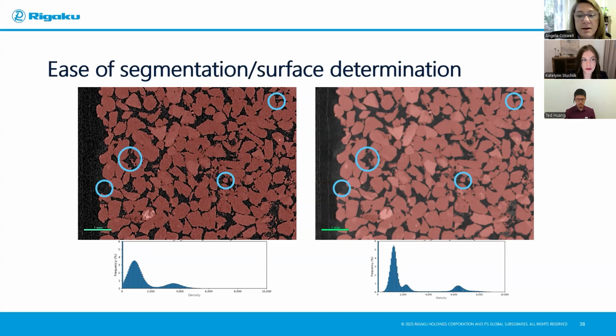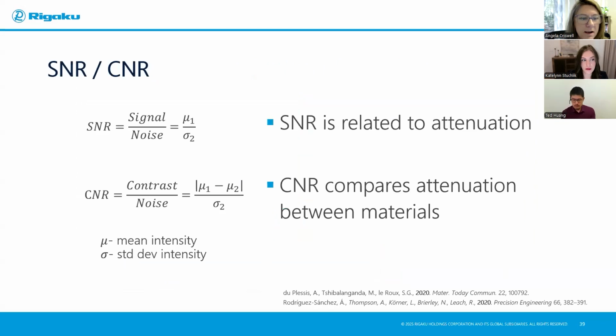So it's very important to consider not only segmentation, but perhaps some other metrics. And that's where I want to talk about the signal to noise ratio and the contrast to noise ratio. So Caitlin will put a couple of references in the chat that are shown here below, from which I am showing how these are calculated.